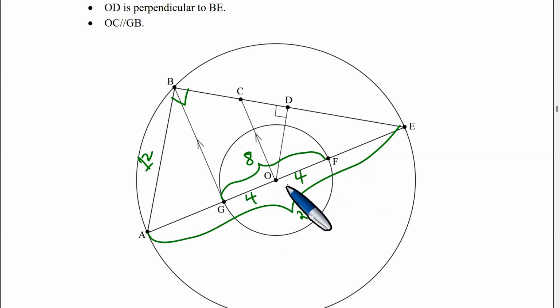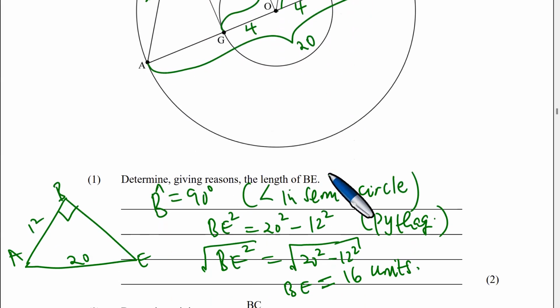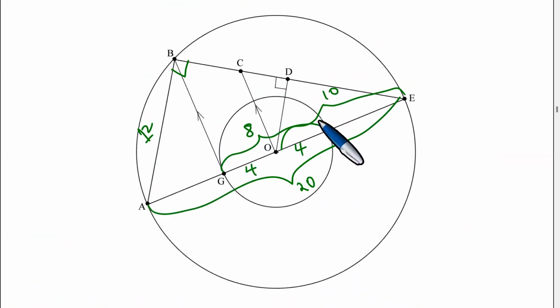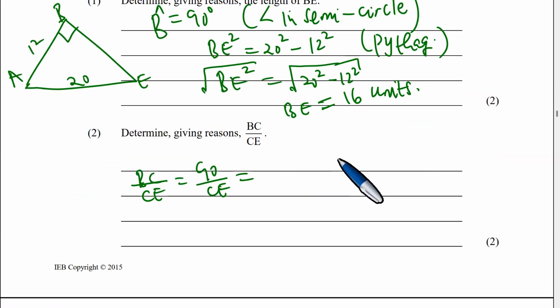You already know OE, because the diameter is 20, so the radius here, the distance here, is actually 10 units. Therefore it is 4 over 10.